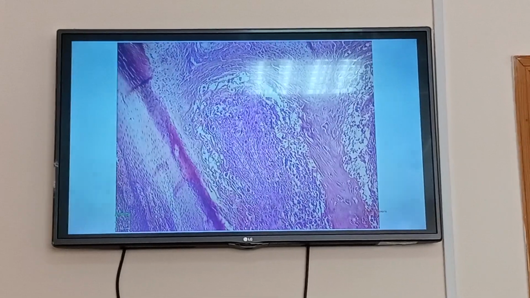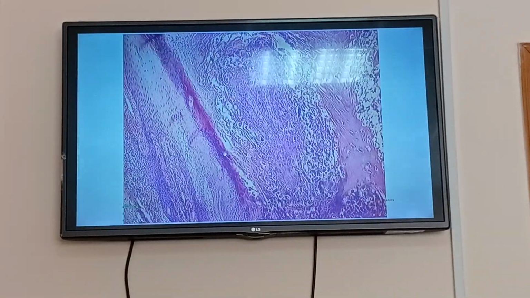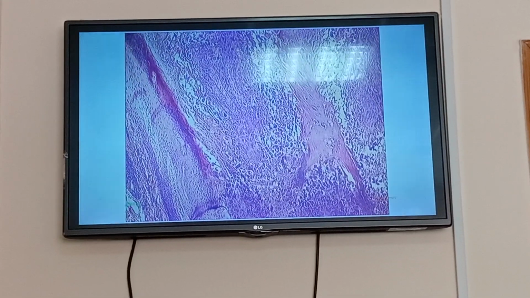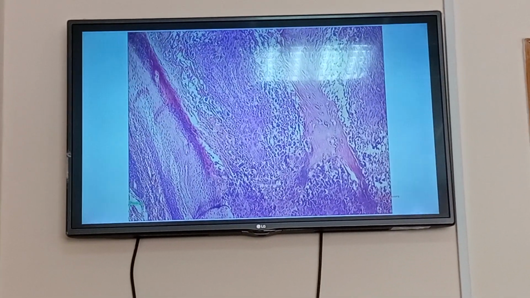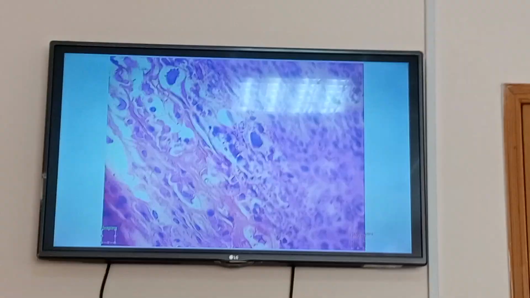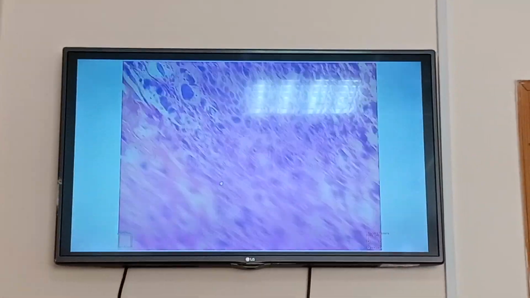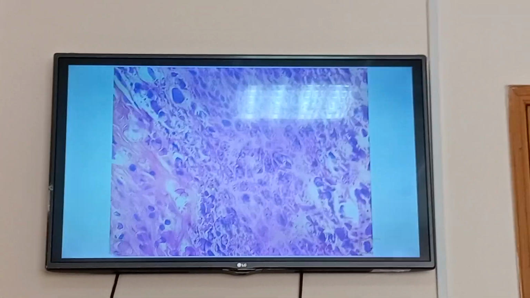And cells of stratum basale, stratum spinosum, they show us cells which are infiltrated by structures, intracytoplasmic structures.